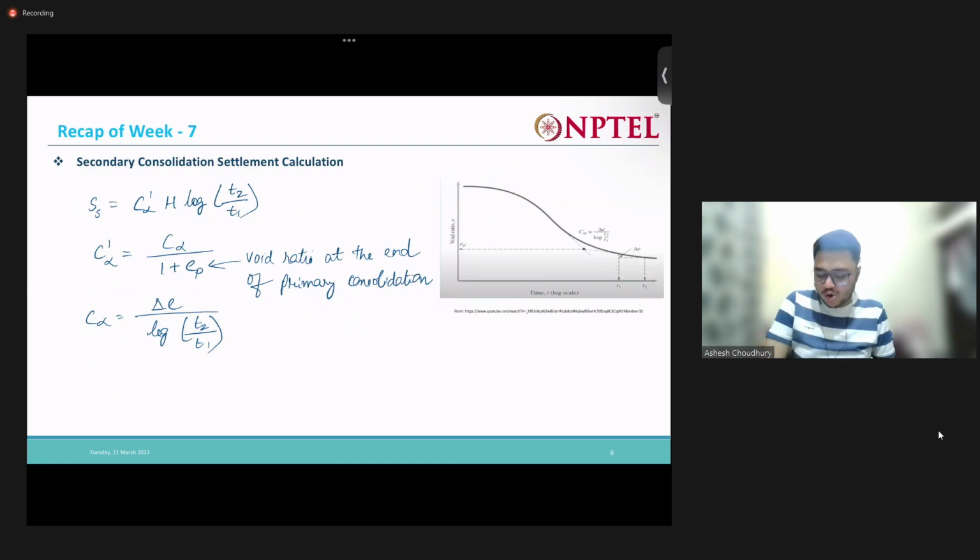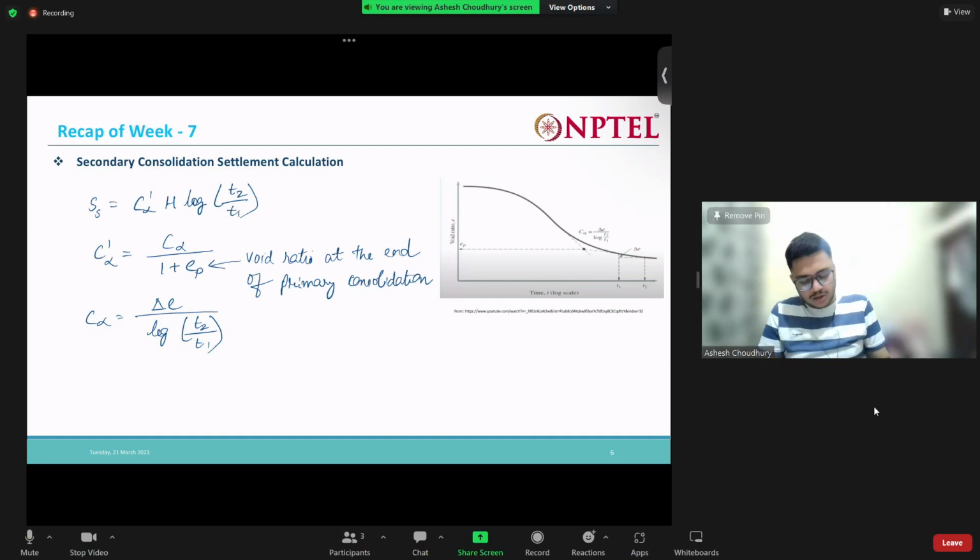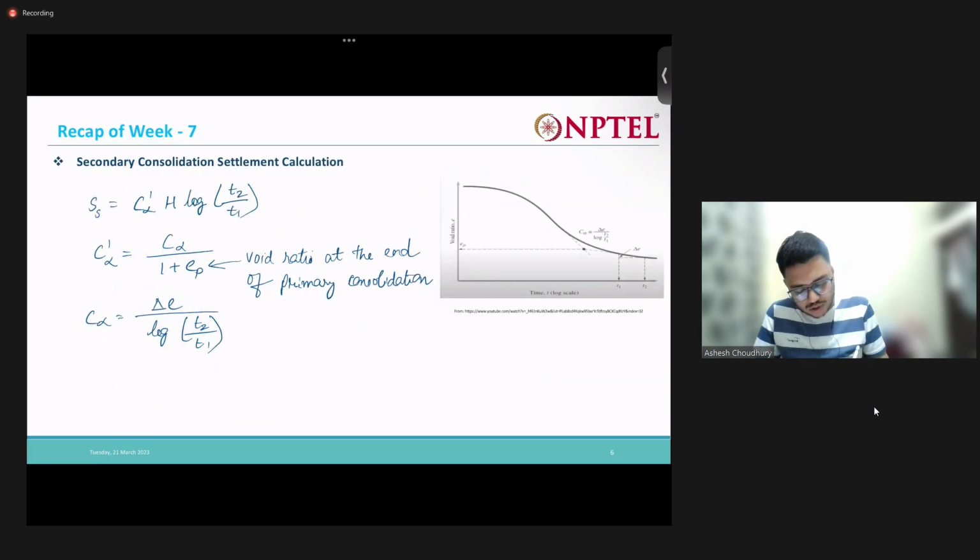Now another concept is there, a concept of secondary consolidation. The secondary consolidation settlement actually happens due to the plastic rearrangement of the soil bits. So you will get a void ratio versus time plot. From there you need to graphically obtain this ep value.